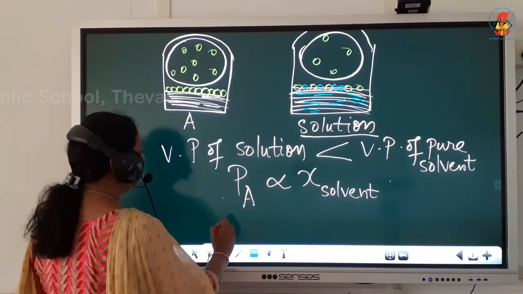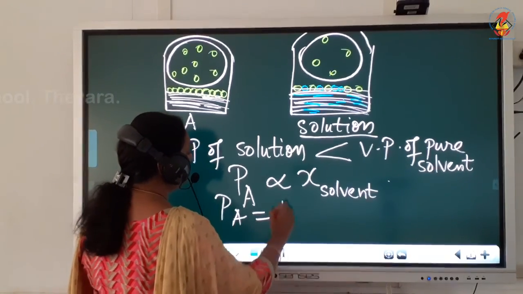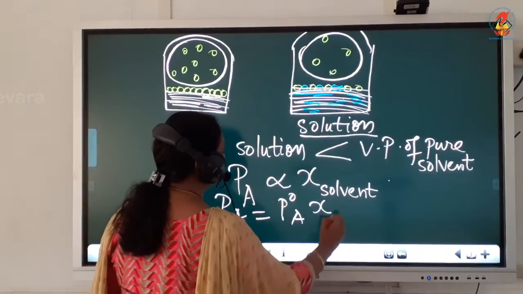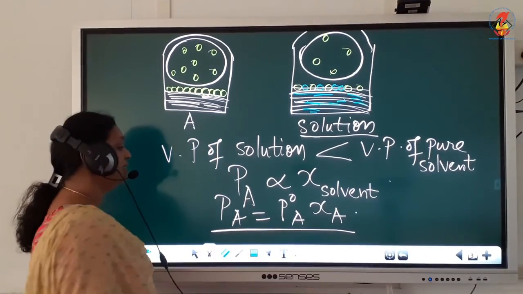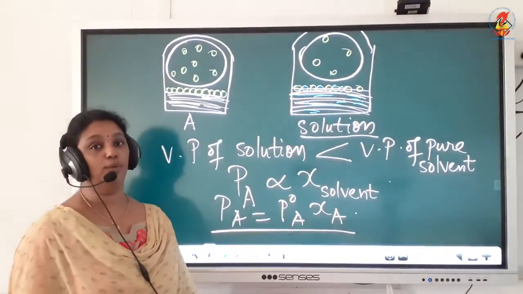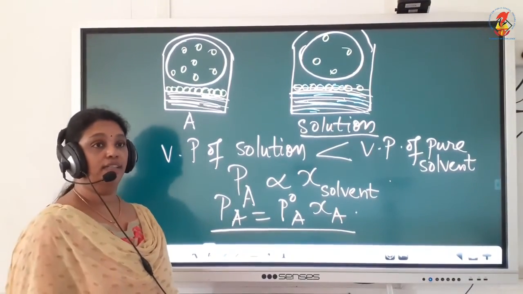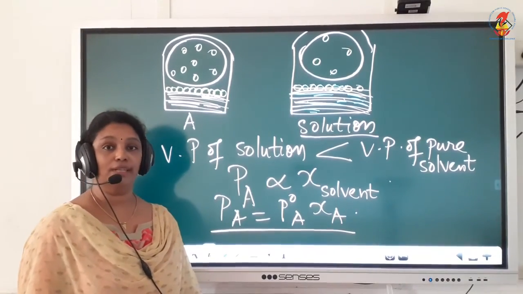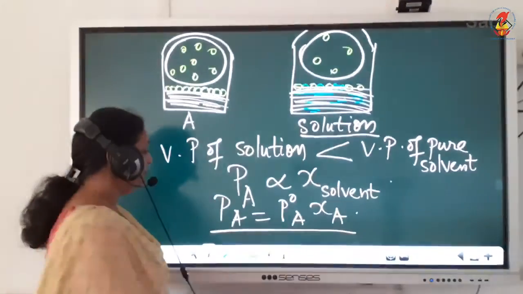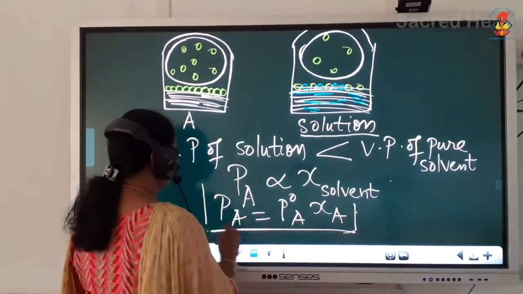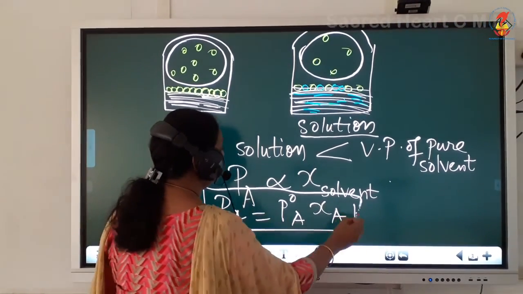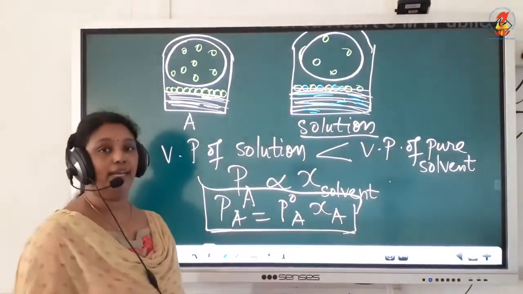Or we can say PA is equal to P naught A into XA. We cannot write here PB is equal to P naught B into XB, because the solute added is non-volatile. So from this expression we can state Raoult's law for non-volatile solute.